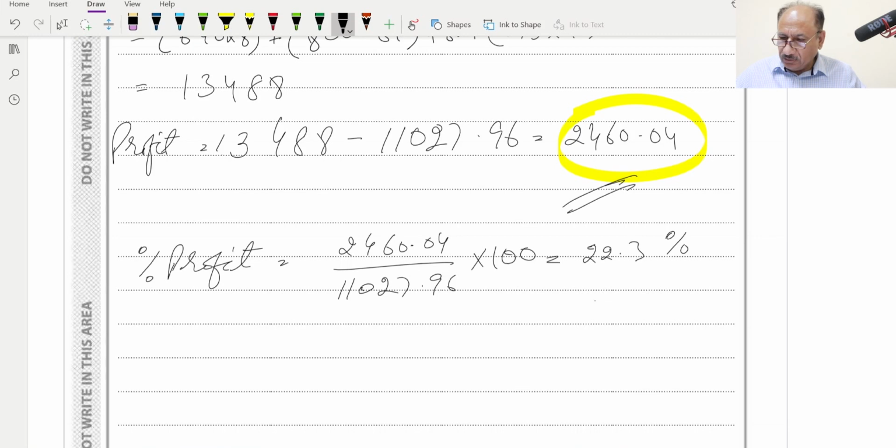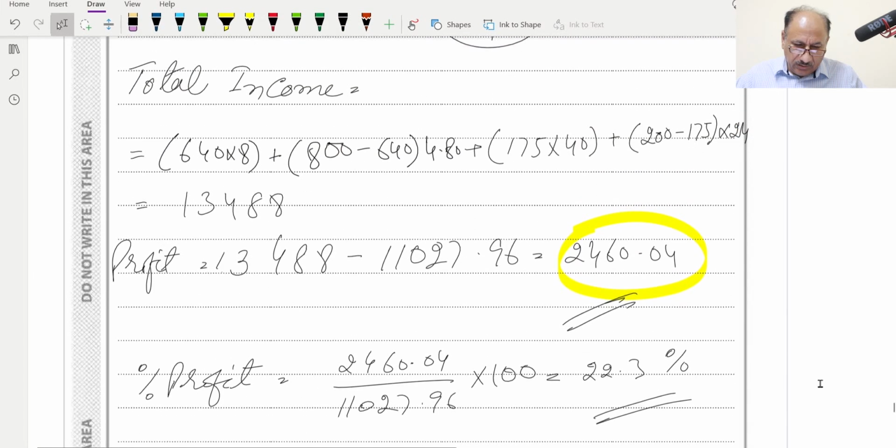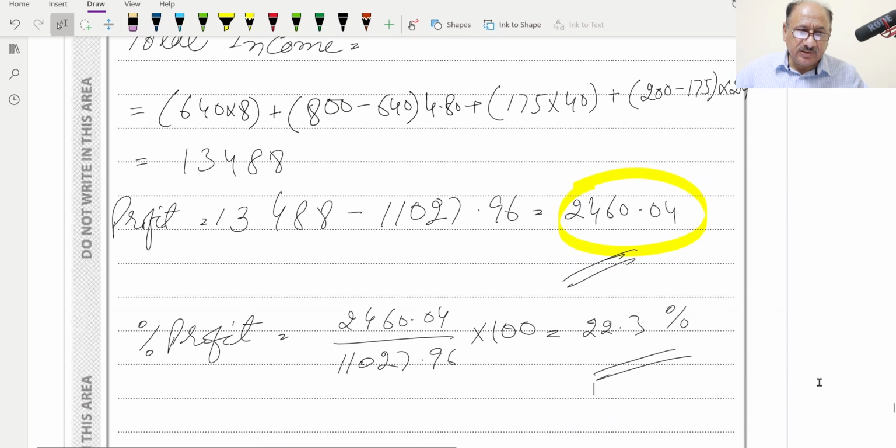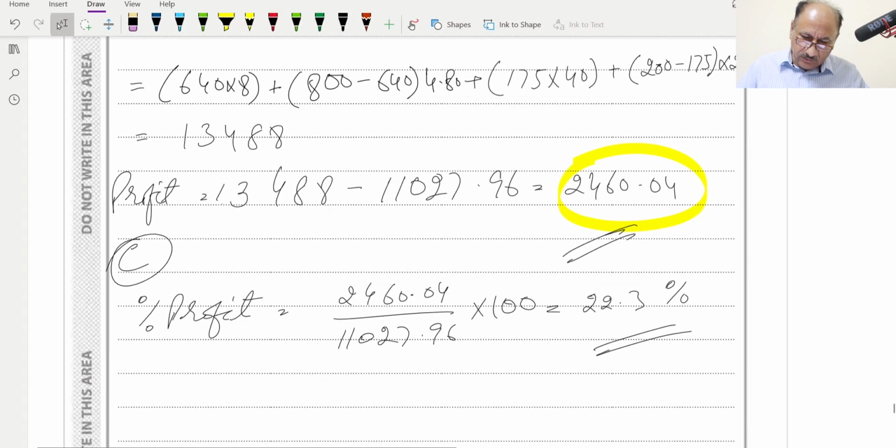So this will be our answer, the percentage profit, for the C part.